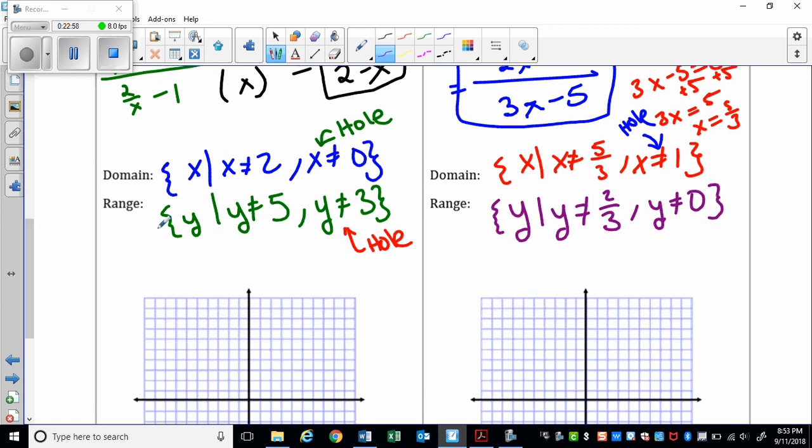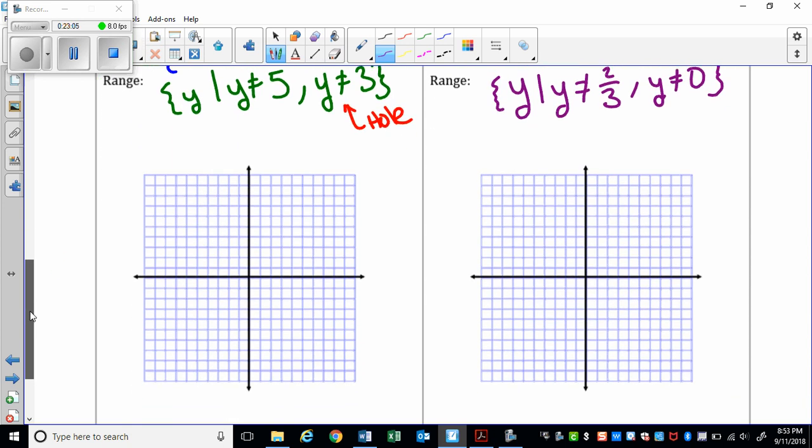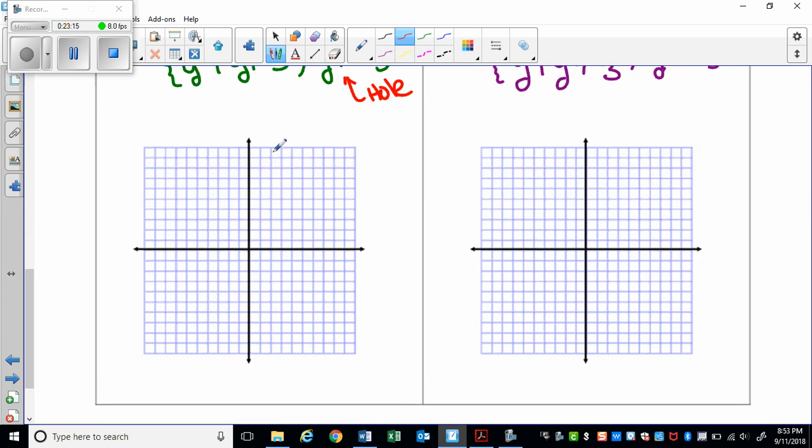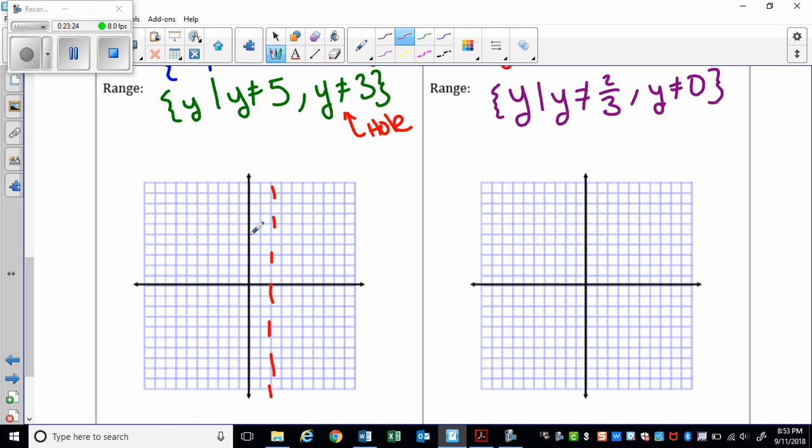All right, guys, let's graph this. I'm just going to put in the asymptotes. It looks like x cannot equal 2, I'm sorry, positive 2. So this is going to be an asymptote. And the other one is when y equals 5: 1, 2, 3, 4, 5.